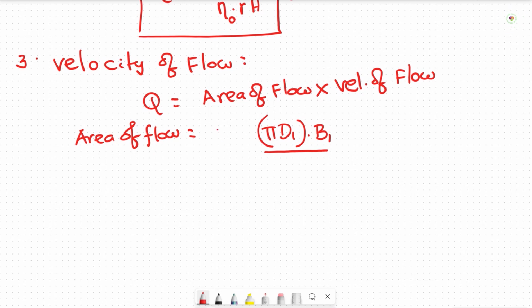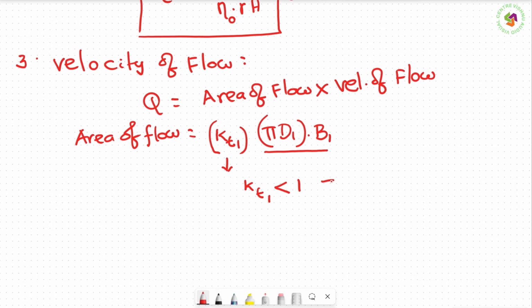So if I account for the thickness of the vanes, because of the thickness of the vanes, the overall area of flow reduces. Therefore, this KT1 will always be less than 1. If they don't give the thickness of the vane in the problem, then we normally assume that it is 1.